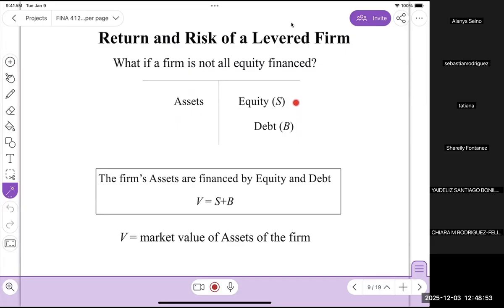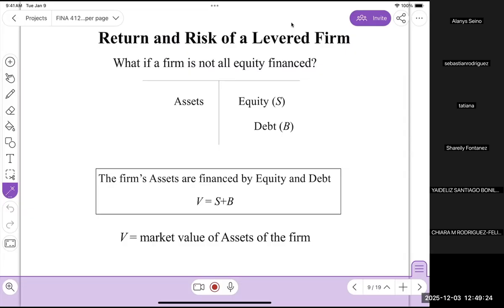That's the market value of equity. And similarly, the market value of the bond times how many outstanding bonds there are. So these are indications of market value. Together, what the firm owns is what it owes to its investors. So here you have the market value of assets of the firm.